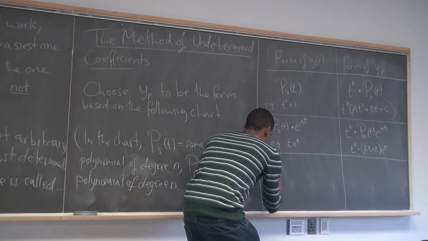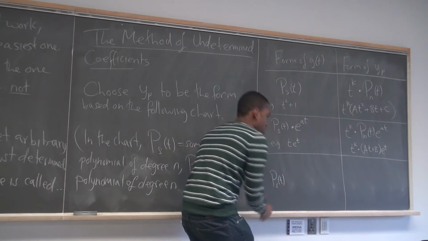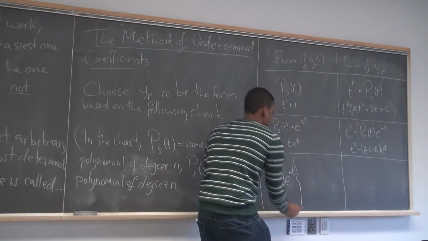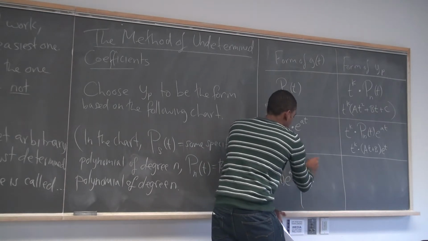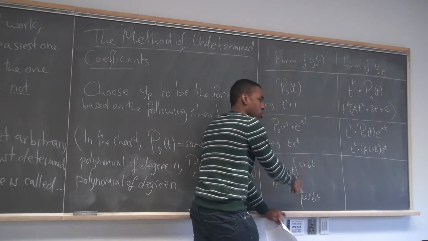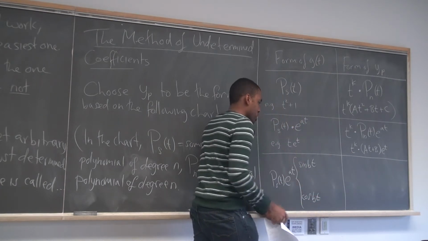Another case. You have some particular polynomial times e to the at, and that is times either sine or cosine. Even if you have only one of them, you must assume that both of them will show up.